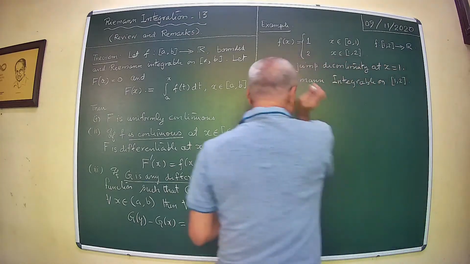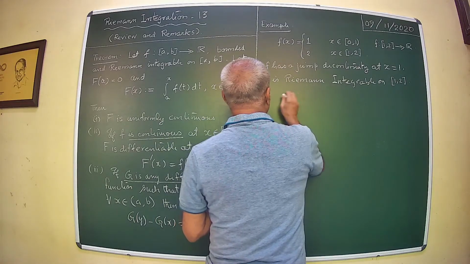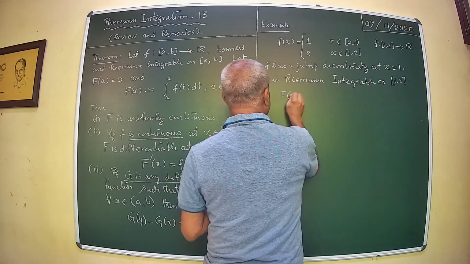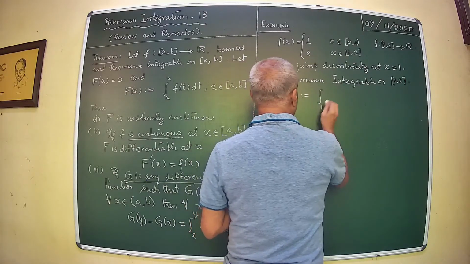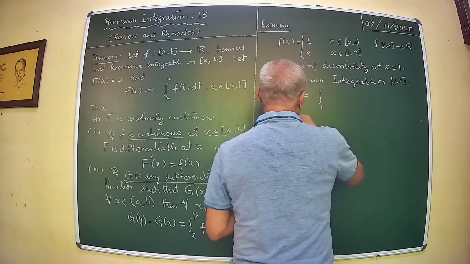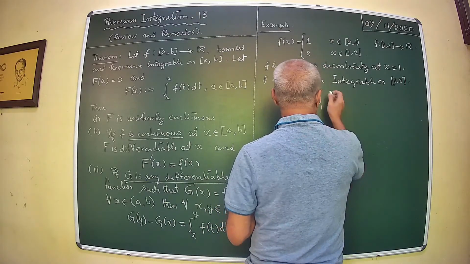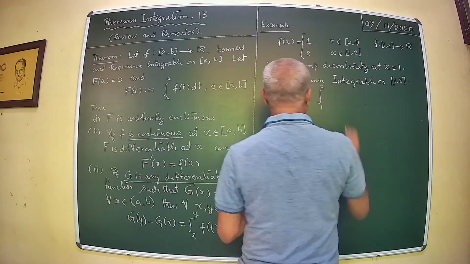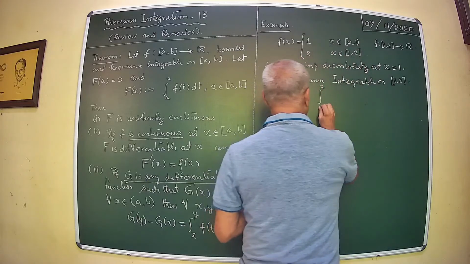Let us compute the Riemann integral. Let us call this F(x). Suppose we define F(x) to be the integral from 0 to x of f.